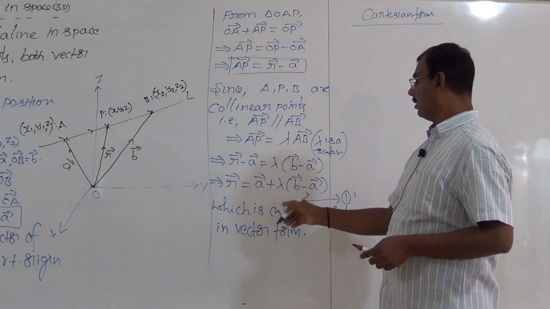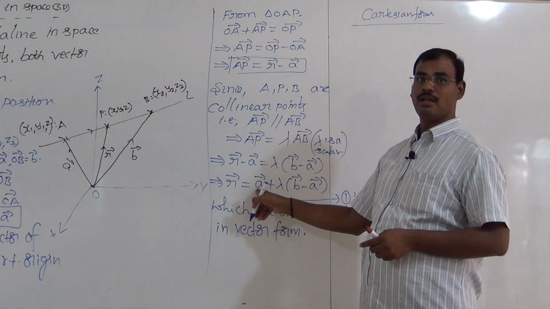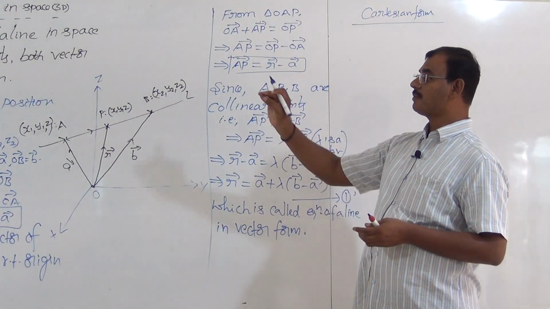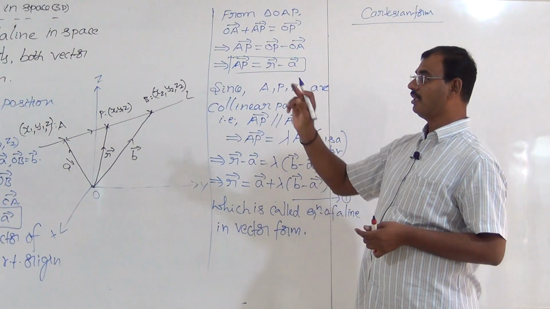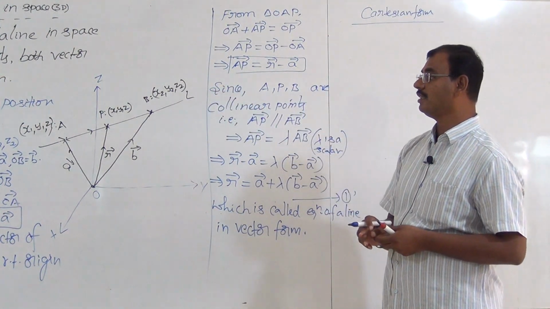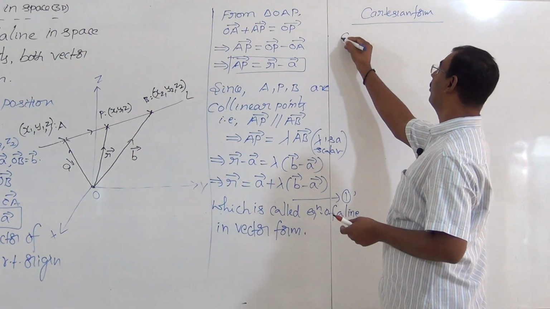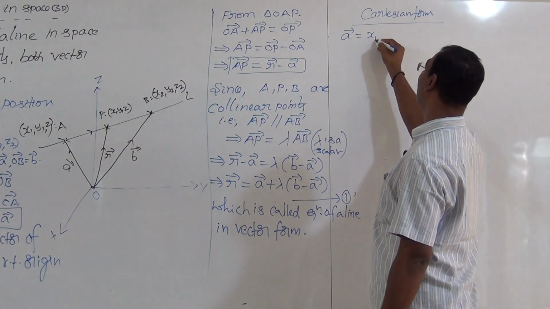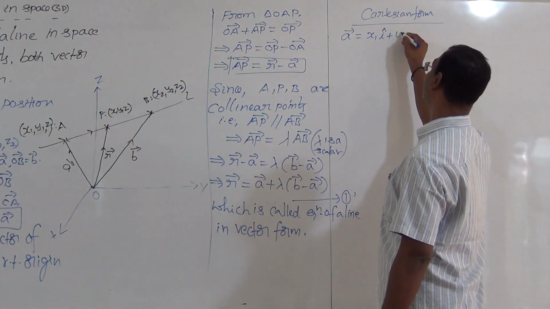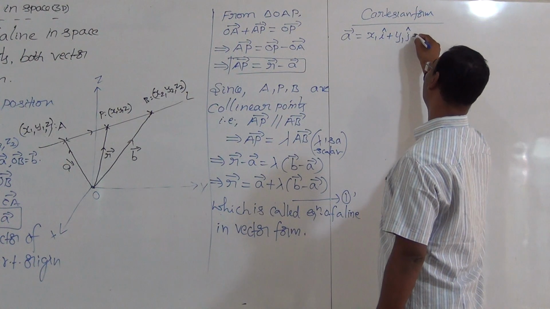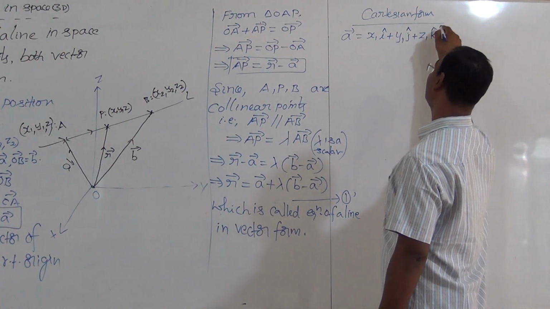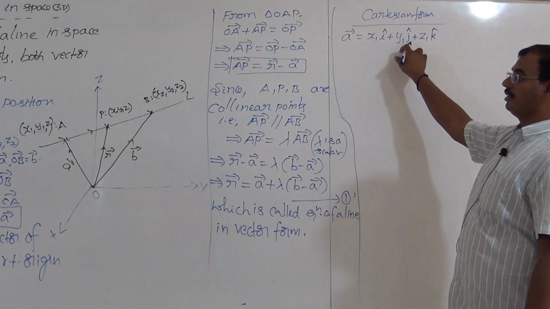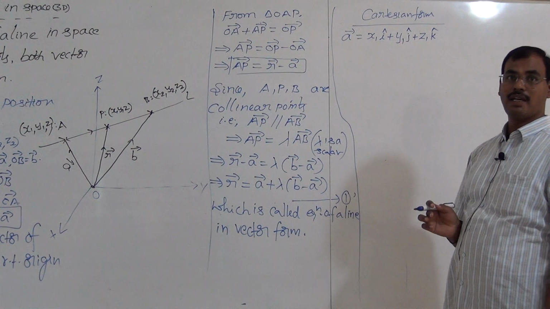Firstly, what is A? A is a point. So A bar is a vector, with respect to what? Let A bar be the position vector of the point A. So write A bar is equal to x1 i cap plus y1 j cap plus z1 k cap.